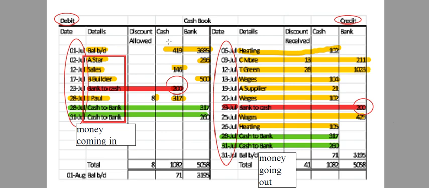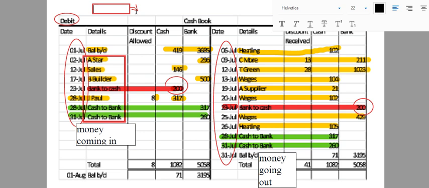So can we make a notation of that somewhere? So this is basically your contra entry. Bear with us, we'll make a notation for that. So this is your contra entry.